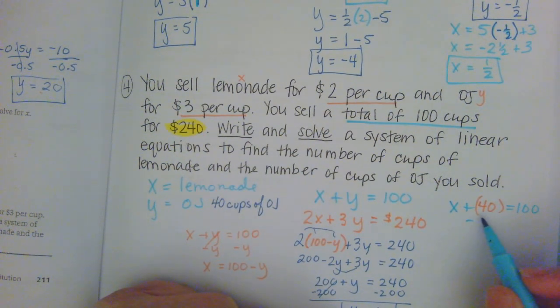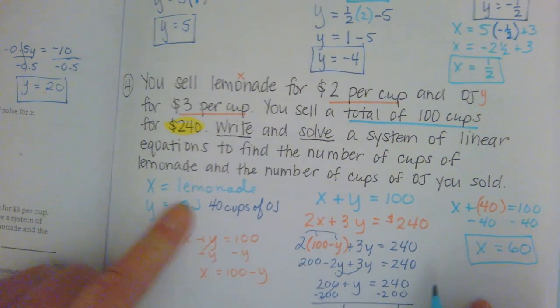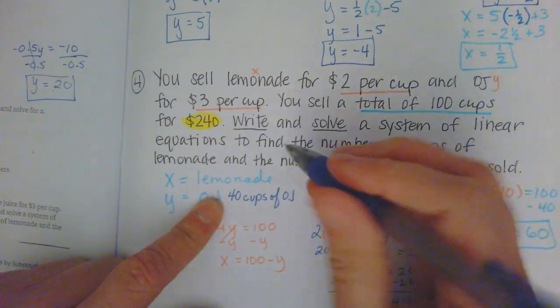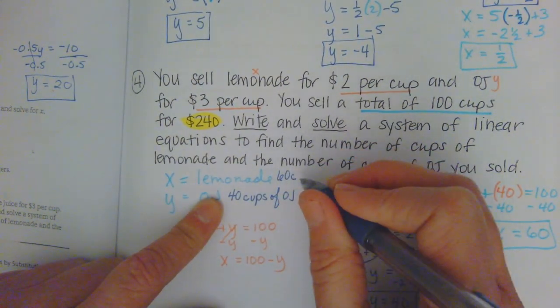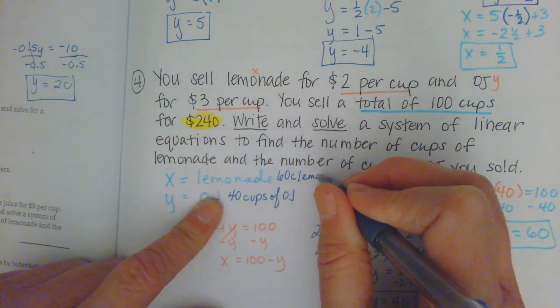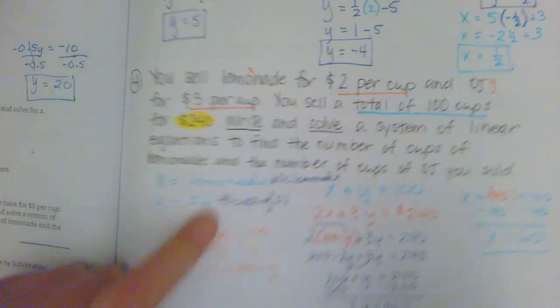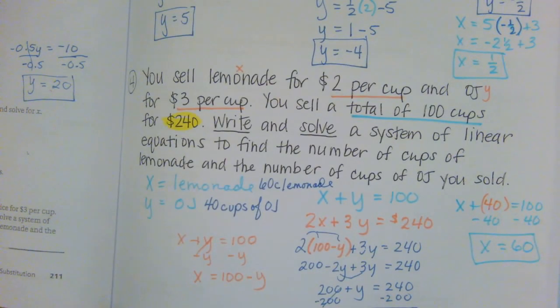Okay, so we're going to subtract 40, and X equals 60. And X was our lemonade, so we get 60 cups of lemonade. And that's how you do the problem.